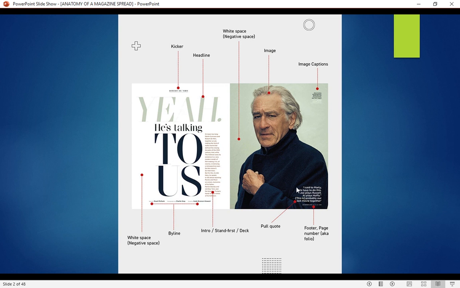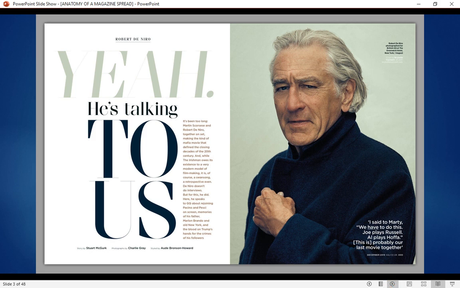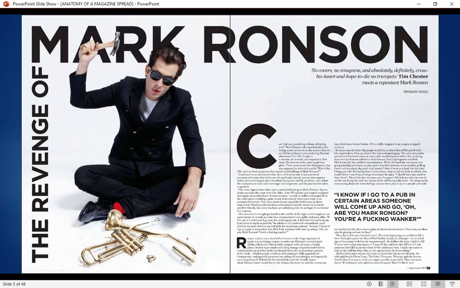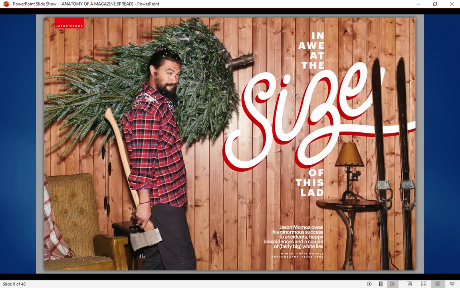So we should take note of that. Now when we are talking about the fonts that we use, consider this example, they use a display font. So it has different fonts that are used as the headline.